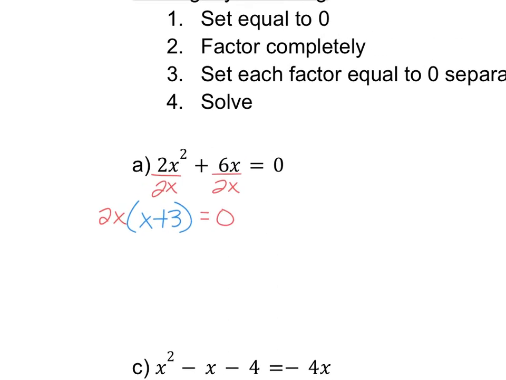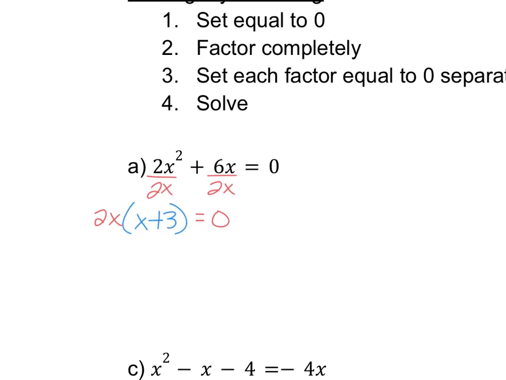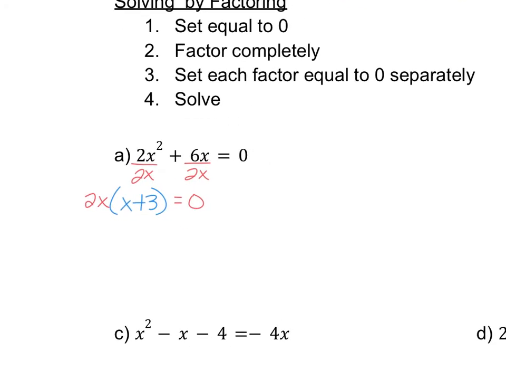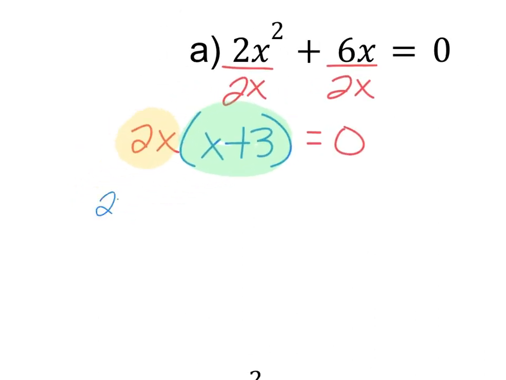Okay, so we've done step 2. We've factored completely. Now we're going to set each piece equal to 0. So this piece is going to be equal to 0, and then this piece will be set equal to 0. And we solve. So 2x equals 0.